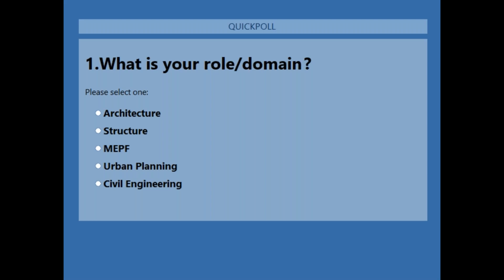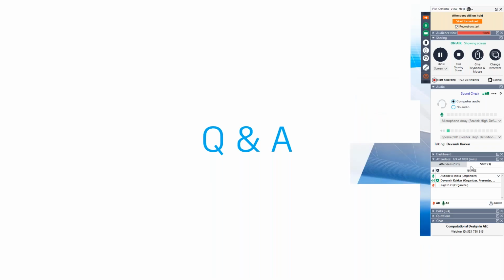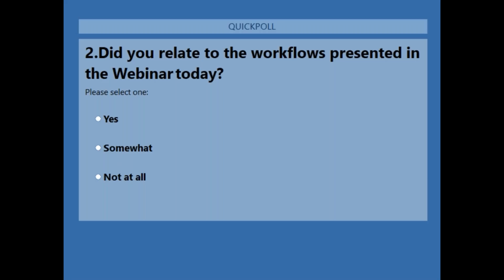But then you can start off with that and build your knowledge from there on, and then identify what it is that you want to address within your workflows through a Dynamo based automation. You will find a lot of content available on open source platforms.